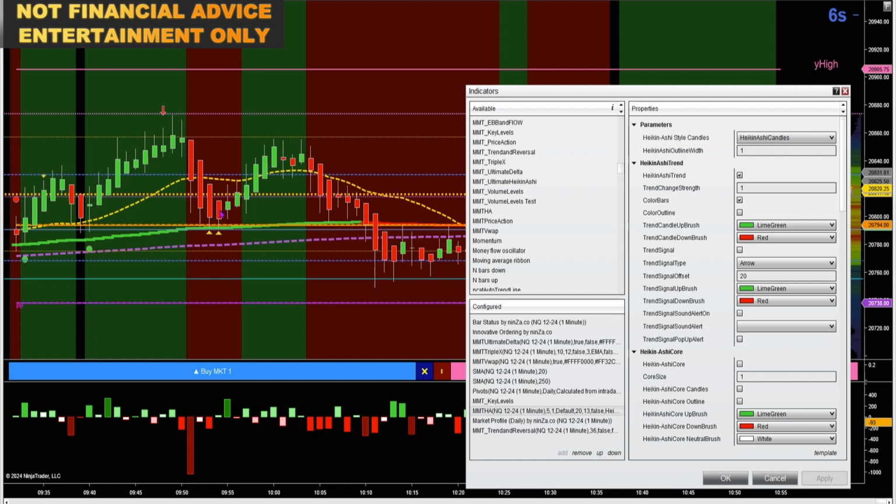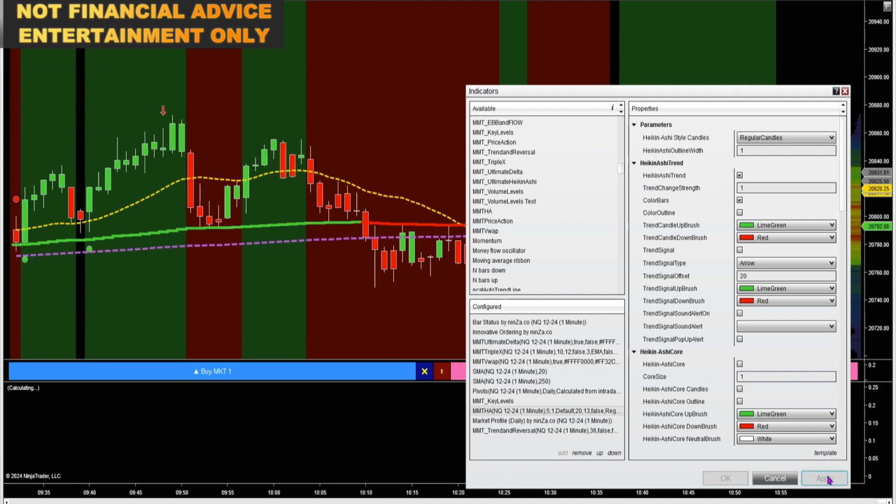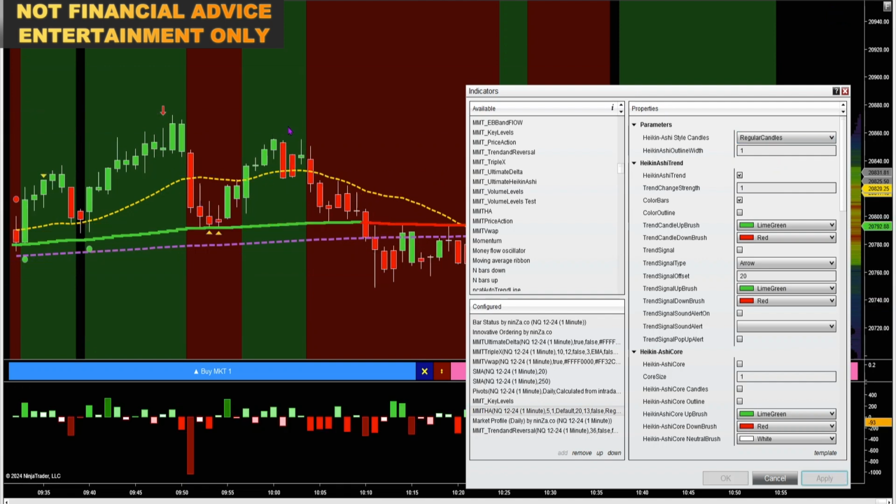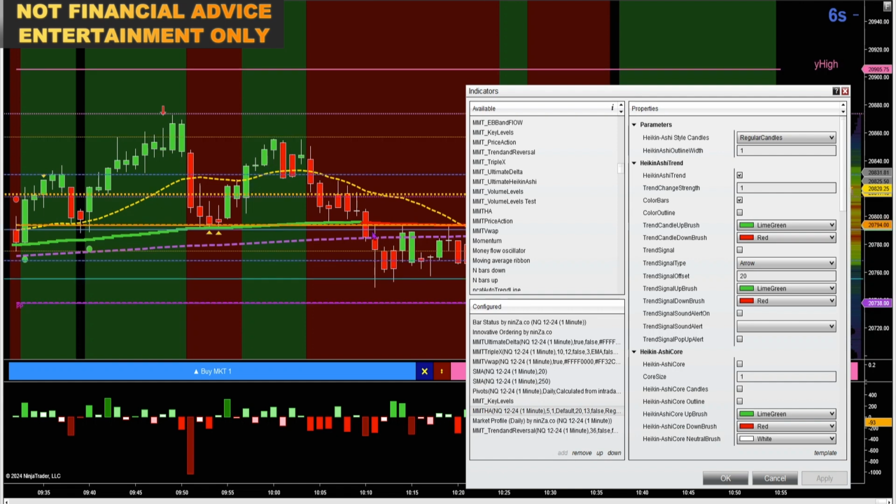Here's the Heiken Ashi view with the Heiken Ashi style candles. See, we got the red, the green, the red. However, if we just want to see the regular candlesticks, we've got those exact same colors, but printed on regular candlesticks. So that way we can see the price action of the candlesticks, but also know exactly what is going on with the Heiken Ashi.